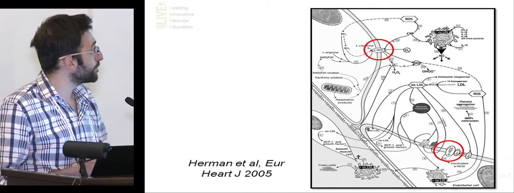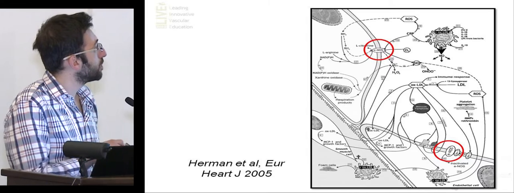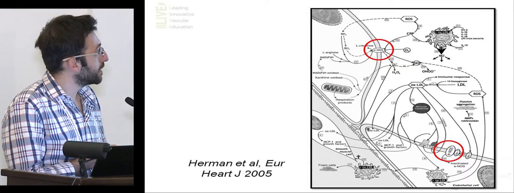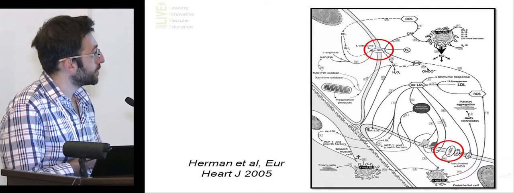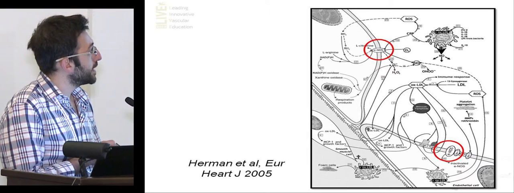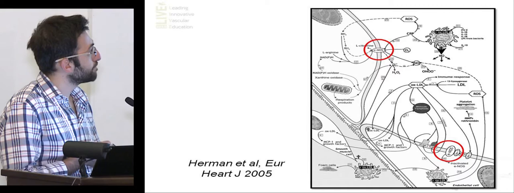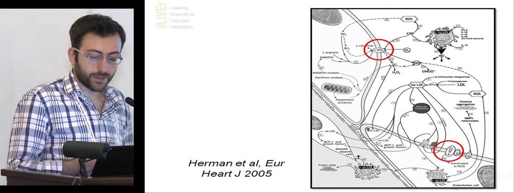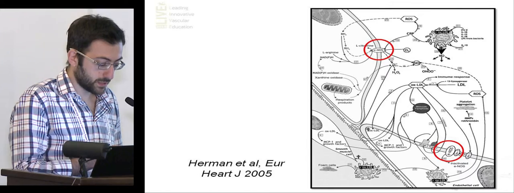This is an interesting schema. As you can see here, the role of endothelial NOS in the early steps of atherosclerosis, where it regulates lipid metabolism and the accumulation of macrophages. All these steps occur at the early levels of atherosclerotic development.